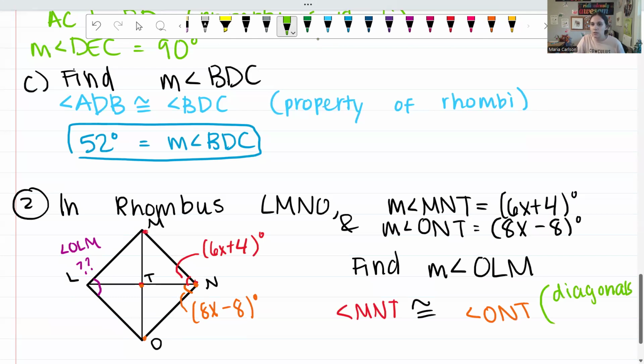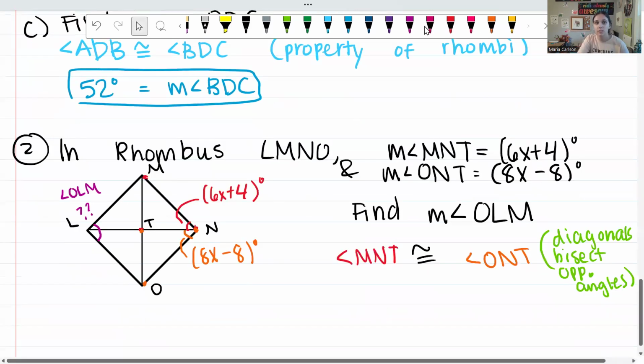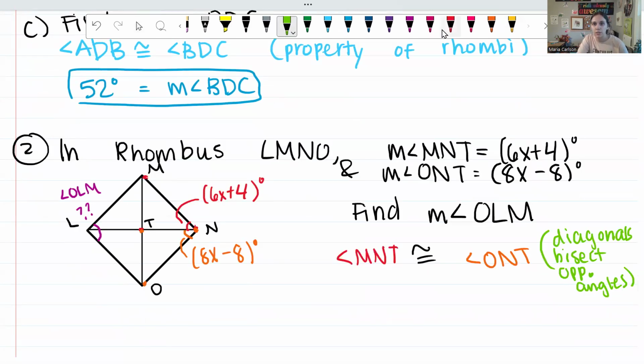So I know then that those two angles have to be equal to one another. So let's figure out what that would be. MNT is 6x plus 4, and that is equal to ONT, 8x minus 8. So let's solve this for x.